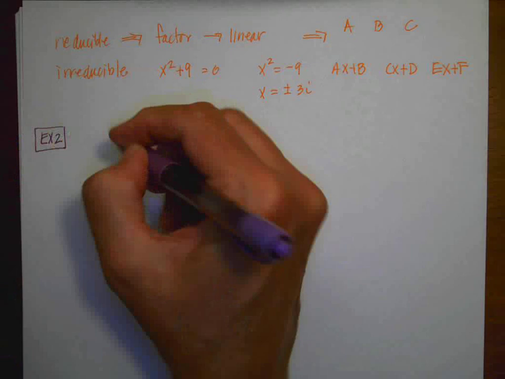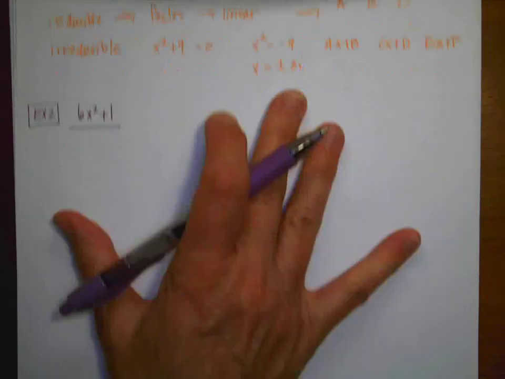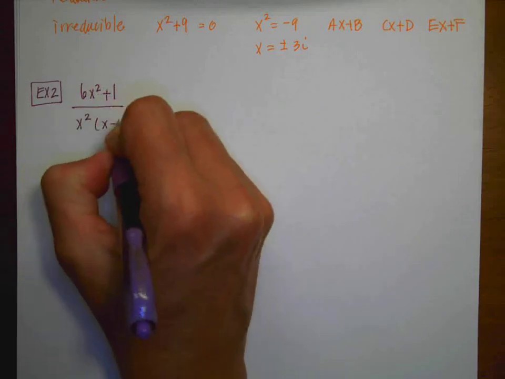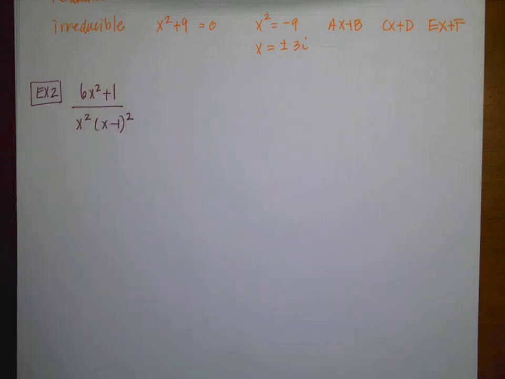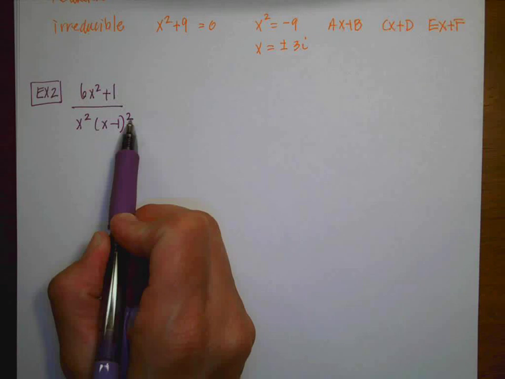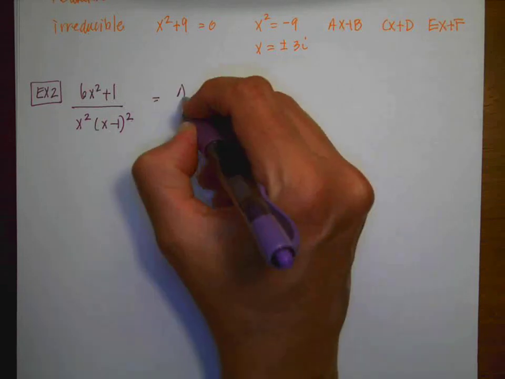So the second example, our original fraction is 6x squared plus 1, divided by x squared times x minus 1 squared. Now this one is a little bit different than the one that we did previously in that I have factors that are squared, and anytime you have a factor raised to a power, you have to do it 1 degree at a time.